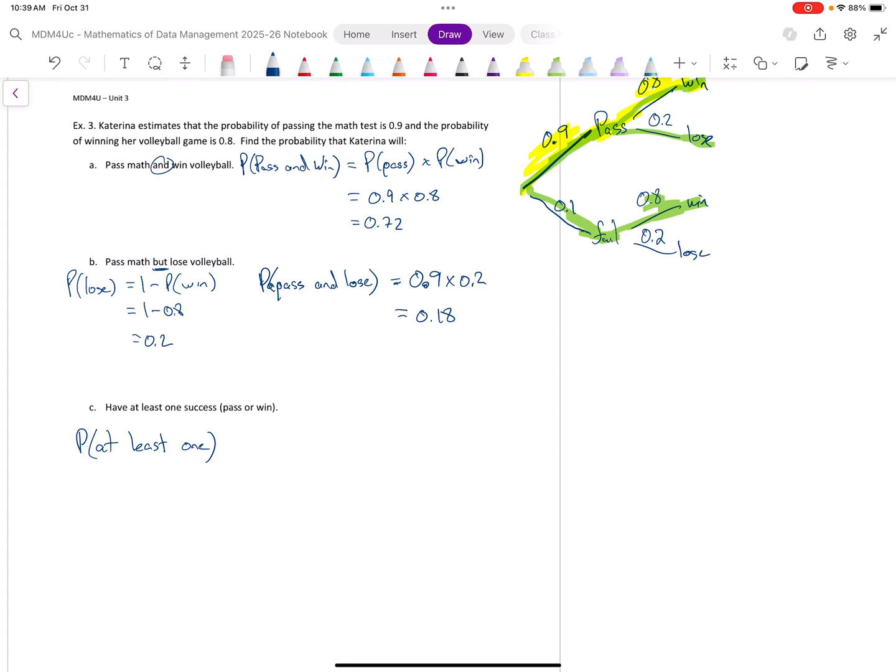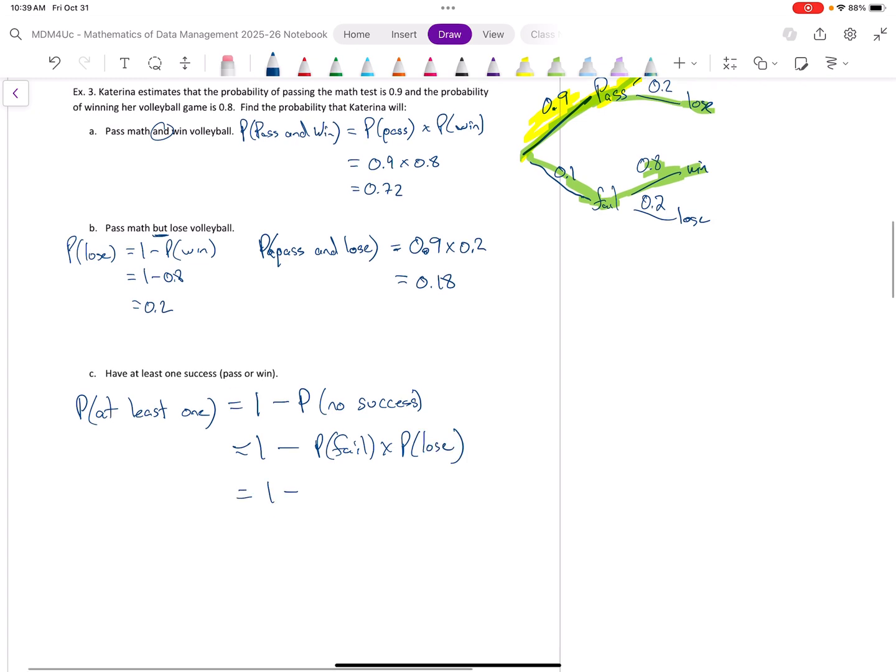So if it's at least one success, the complement would be 1 minus the probability that there is no success. And no success really is represented by failing and losing. So this scenario would be 1 minus the probability of failing times the probability of losing.